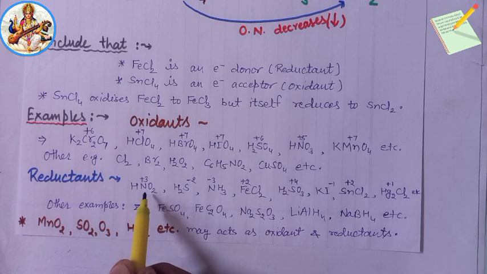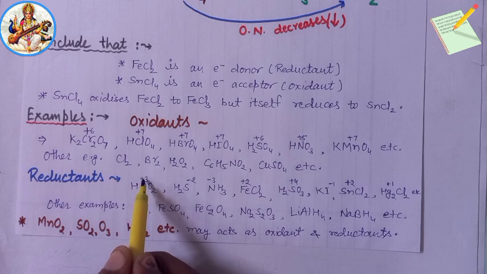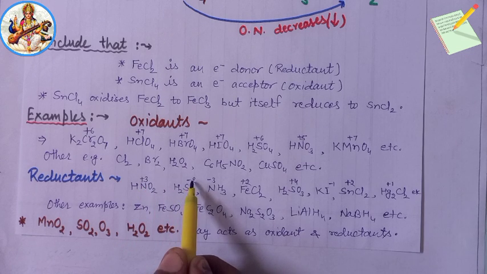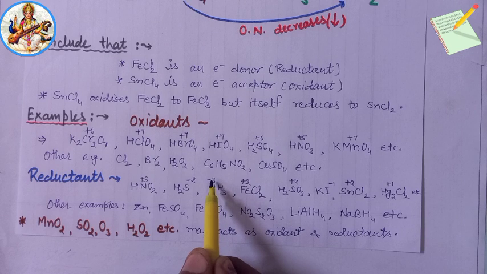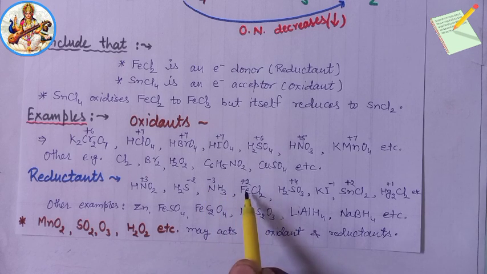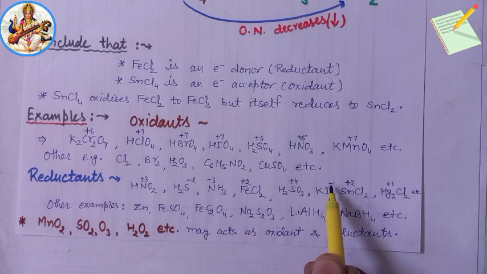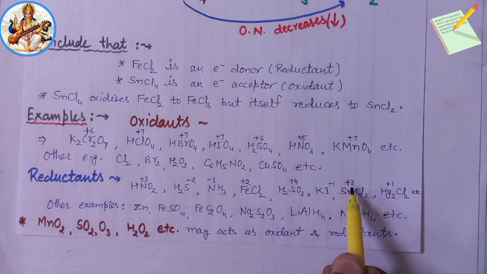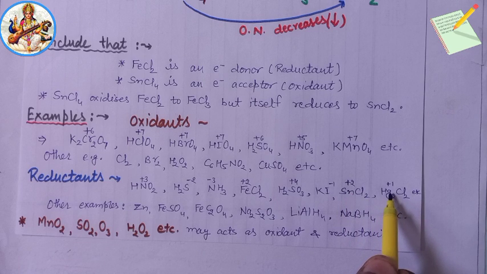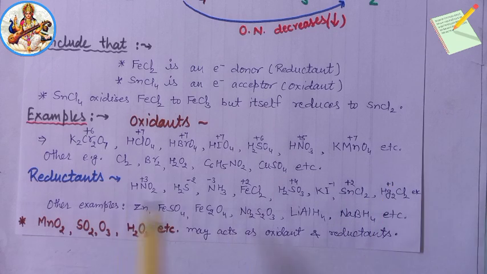In nitrous acid, nitrogen is in +3, sulfur is in -2, nitrogen in NH3 is -3, sulfur in H2SO3 is +4, iodine is in -1, tin is in +2, mercury is in +1.